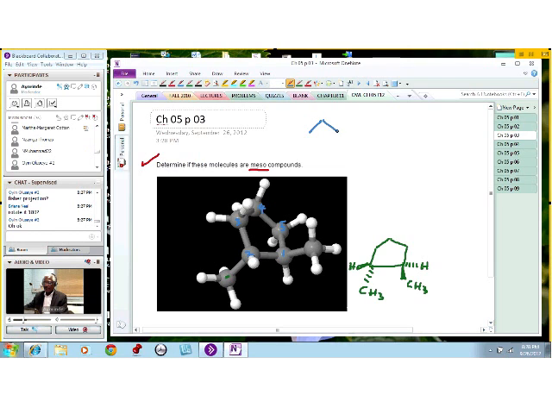So let us draw that molecule again. We have hydrogen coming at us and the methyl going away from us. And also we now have the methyl here coming at us, and the hydrogen going away from us. Now I want to draw the mirror image of that molecule.